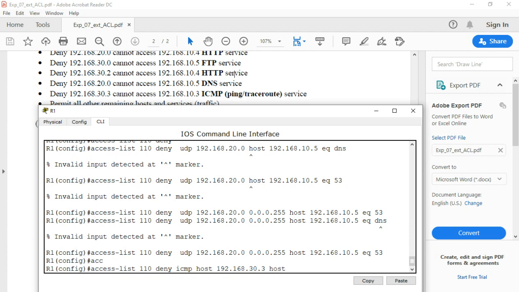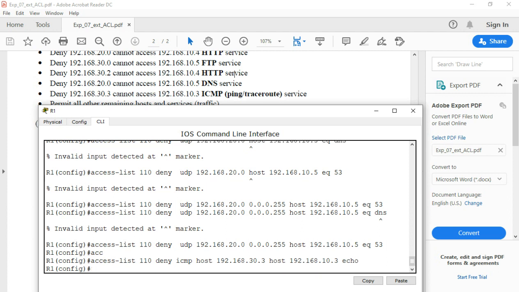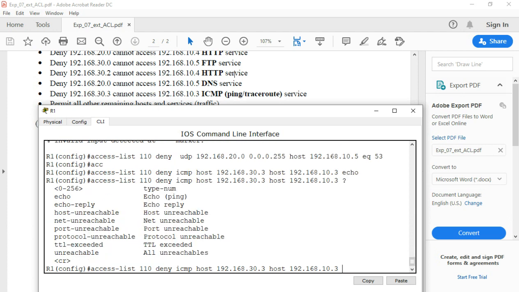It is a host also. Which one? We didn't want echo. There are several services. One of them is echo, so we will prevent echo. If you like to know the services, you can remove it and write a question mark, and you can see echo and echo reply.